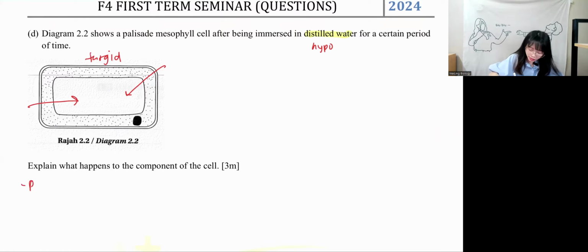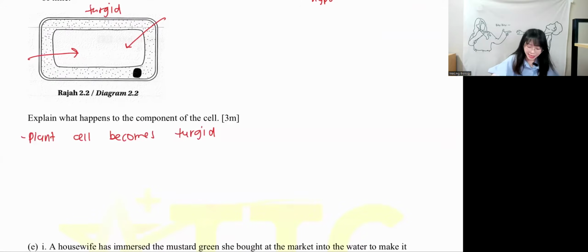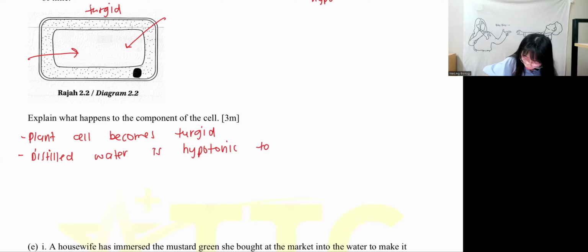The term is turgid, so you say the plant cell becomes turgid. Second sentence: distilled water is hypotonic to the cell sap of the plant cell by osmosis.